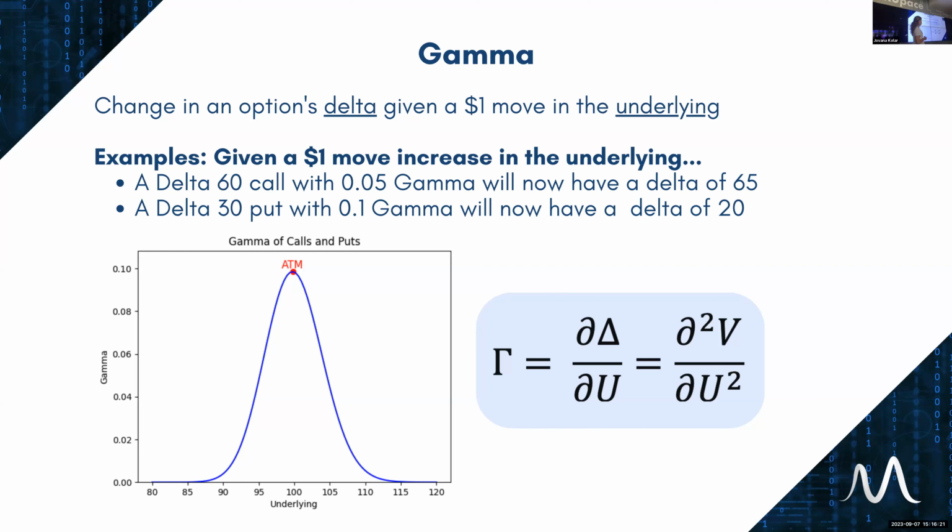So the delta is negative 0.3. As underlying ticks up, you gain 0.1 deltas. So your delta is now negative 0.2. Right? So in both cases, well, in absolute terms, the put decreases, the call increases. But if you account for the negatives, it's going from negative 30 to negative 20, so they increase. So gammas of calls and puts are the same.